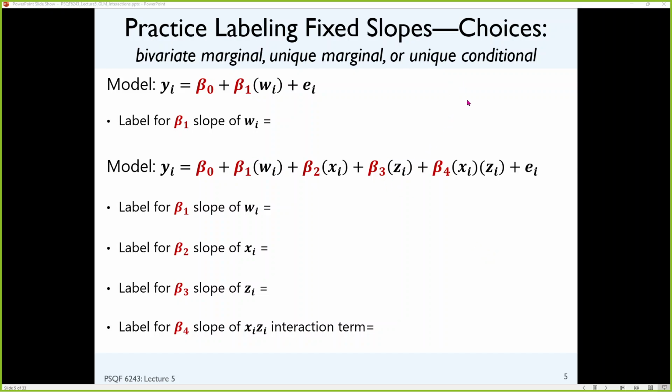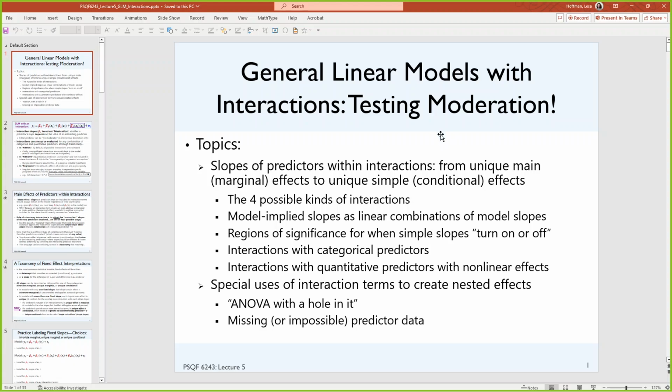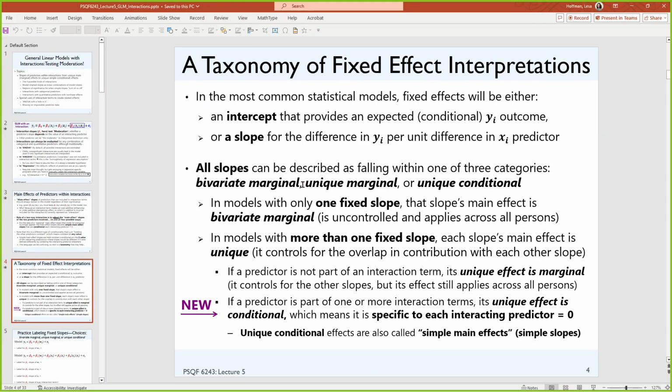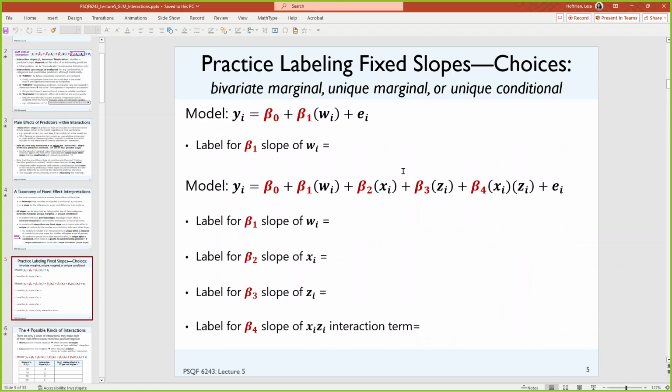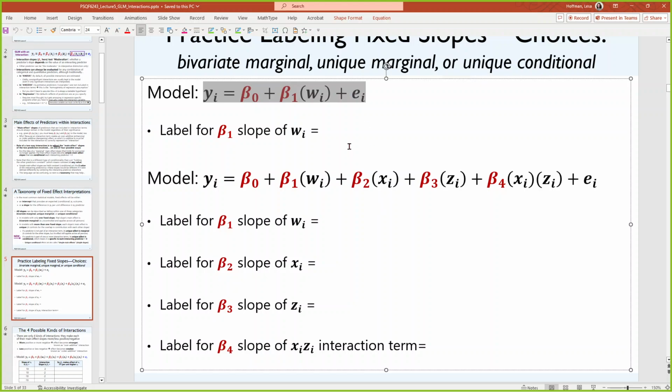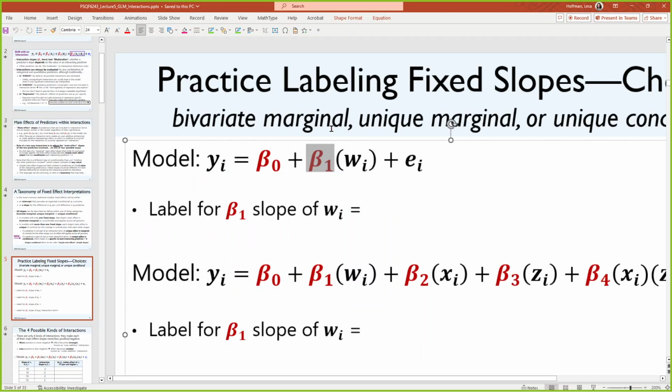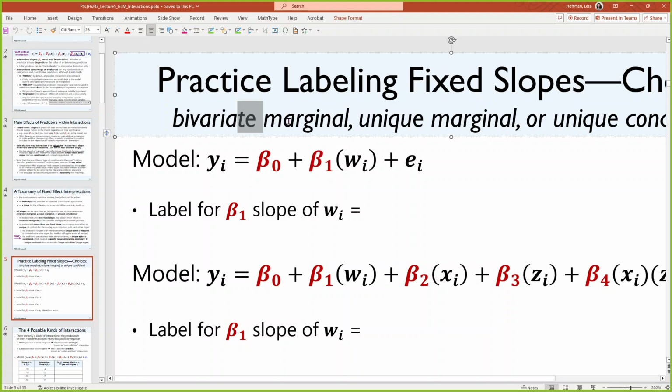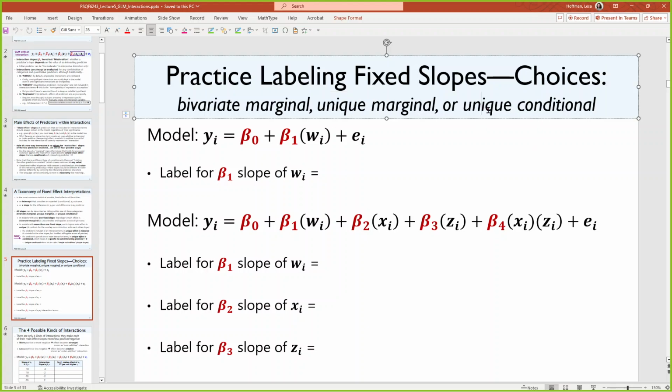So this lecture series, by the way, I'm going to do a lot of typing in, and I will post the finished version when I am all done so that you have that. So let's say this is my model right here. The slope of W as my predictor variable as it relates to Y. Now, would I call that bivariate marginal, unique marginal, or unique conditional?